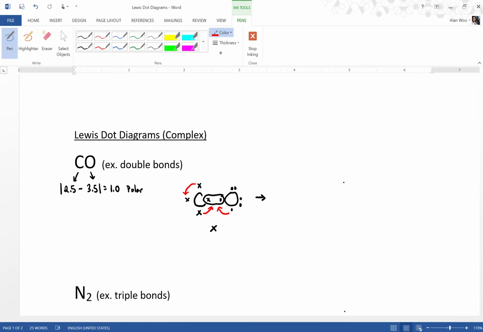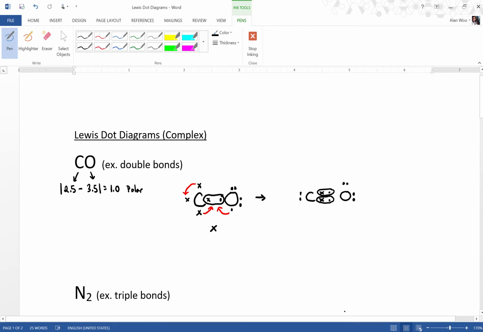So in the end, your carbon monoxide looks more like this. Between the two, you have a double bond. Oxygen has 2 shared pairs, and carbon also has 2 shared pairs.